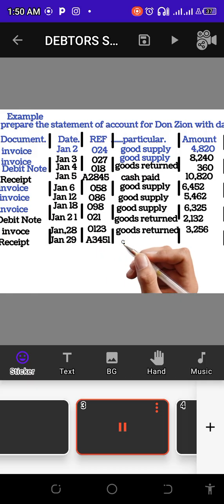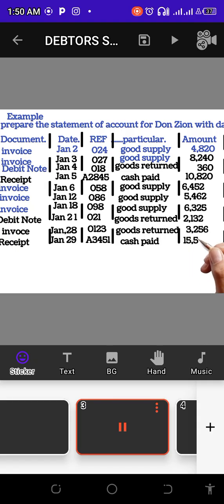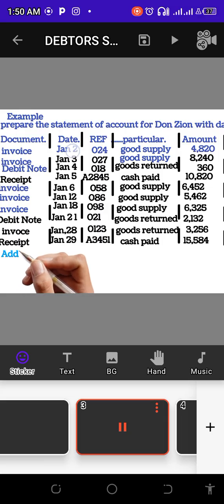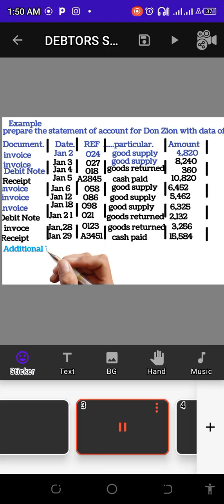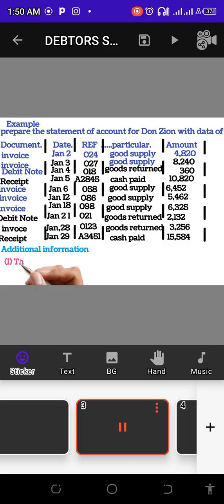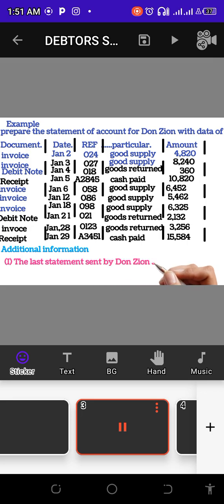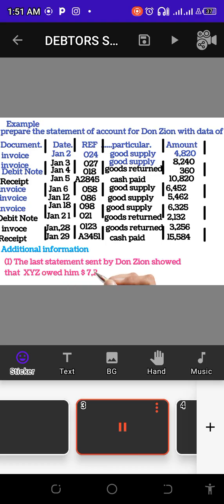Now, receipt on January 29 is cash payment, which is 15,584. Now, that is the end. Then additional information. The last statement sent by Don Zion showed that XYZ owed him 7,215 at 1st January 2025.